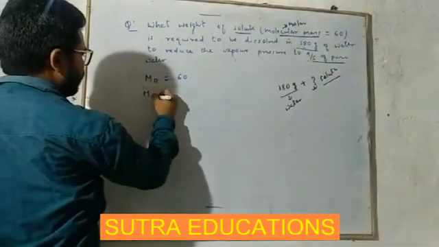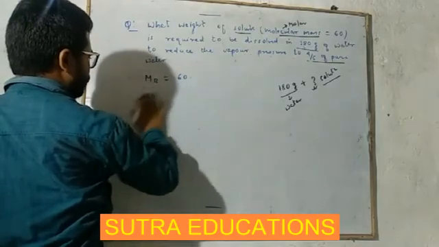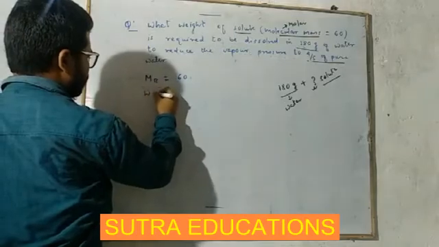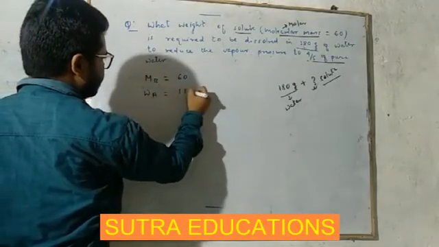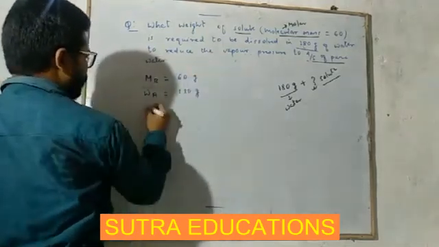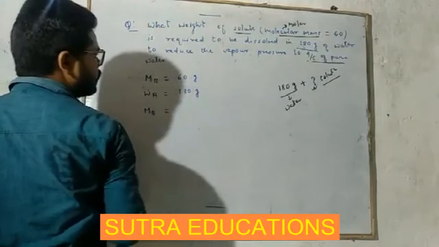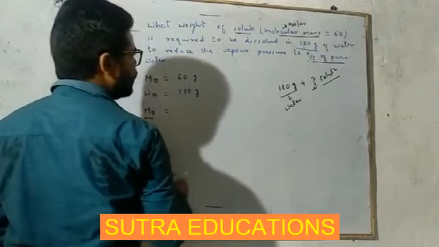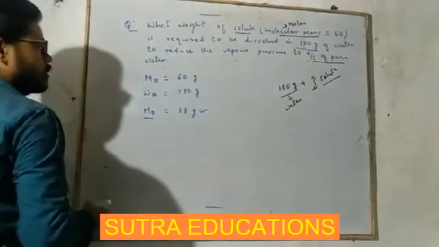So WA is given as 180 gram, and MA, the molar mass of water, is 18 gram.